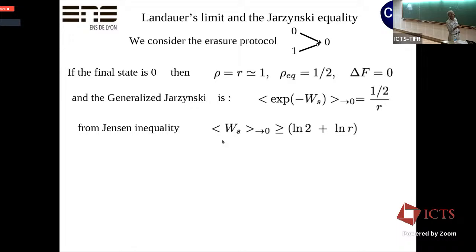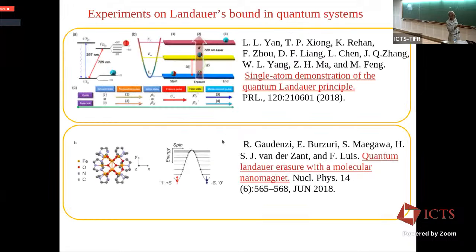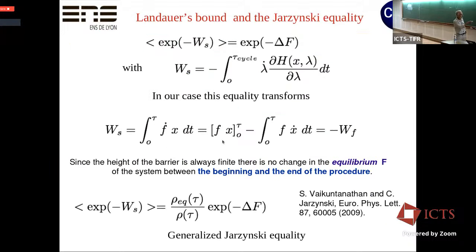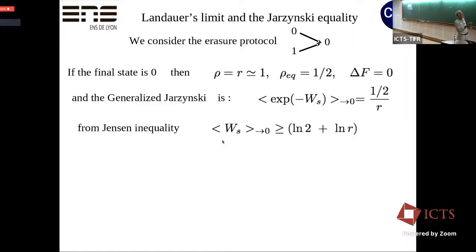So if I use delta F equal to 0, the non-entropic component of delta F is 0, and using this generalized equation, what you get is that the work that you do is just 1/2 over R. And so you see that the work for going to 0 is log 2, log R.